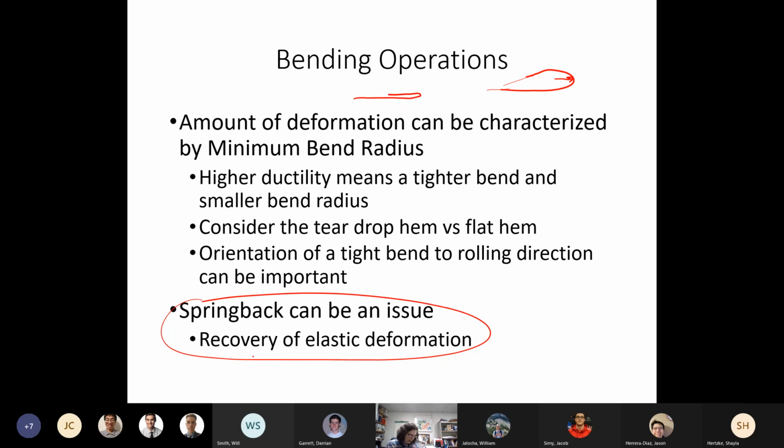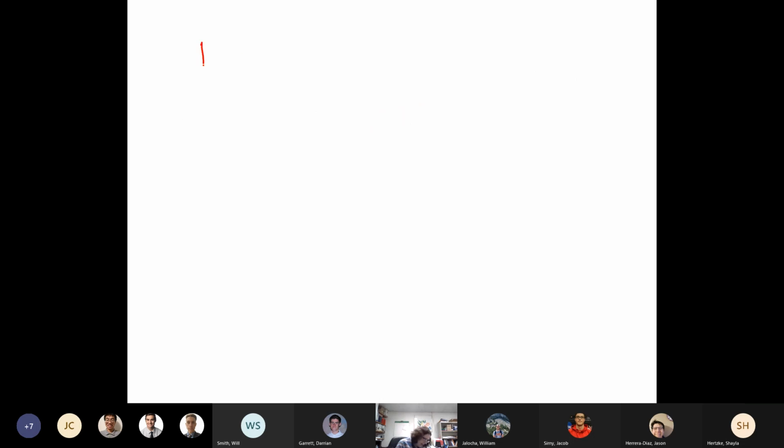Now, spring back is the recovery of elastic deformation. And so we know that if I have a stress strain curve, and I go into the plastic region, on unloading I am going to unload on the same slope as I load. So we are going to unload on the line that is parallel to the loading, or has the slope of the modulus.